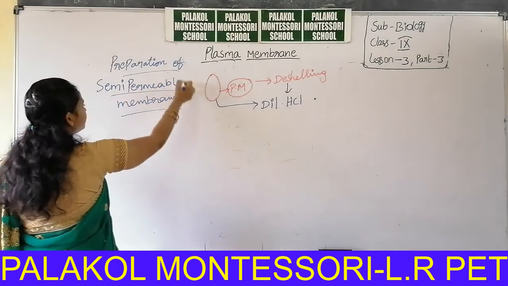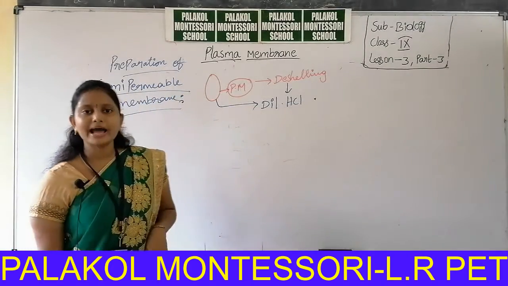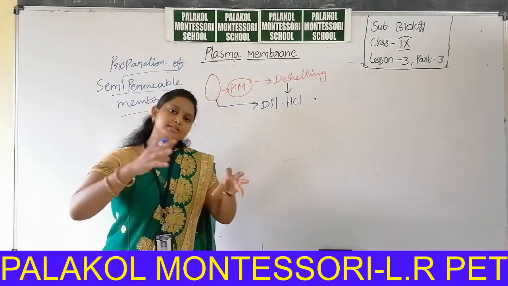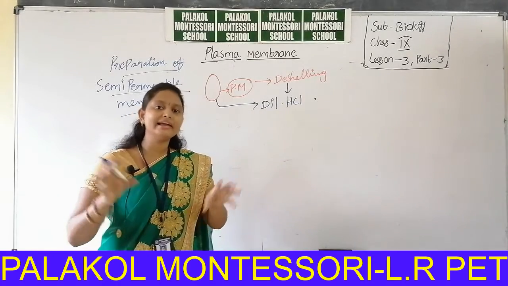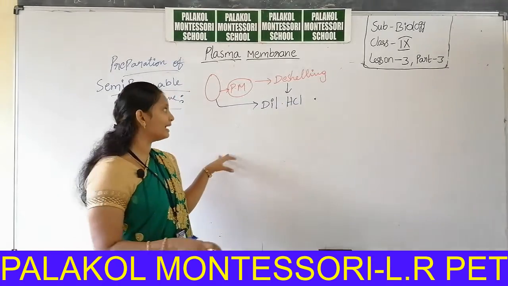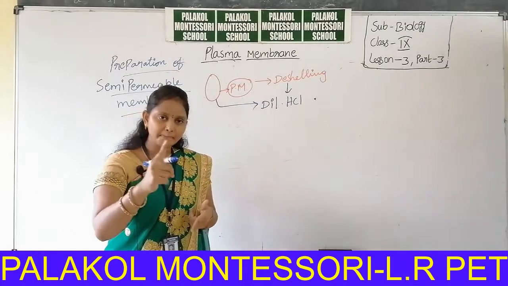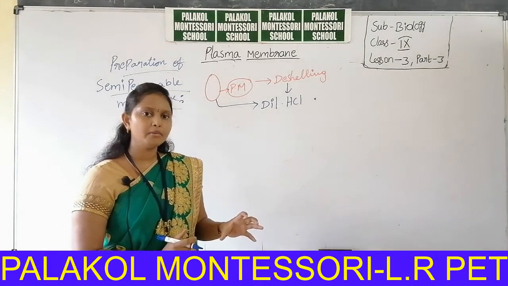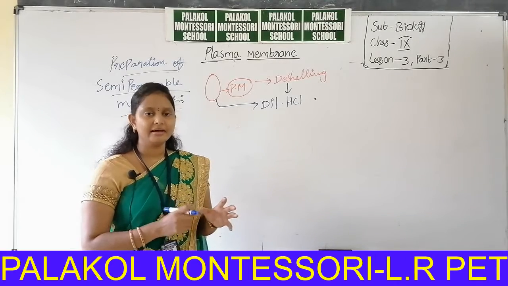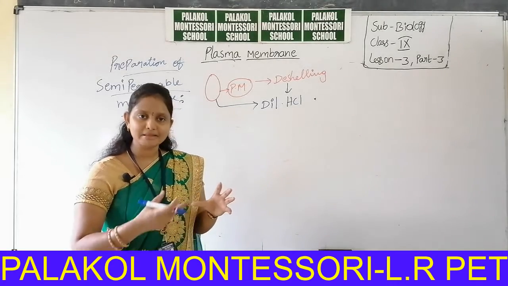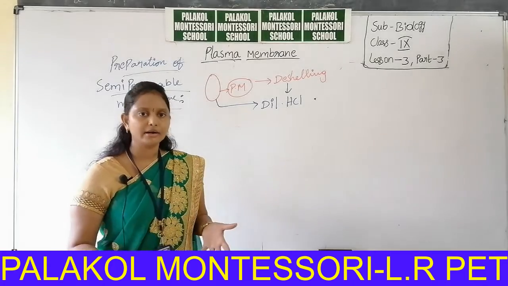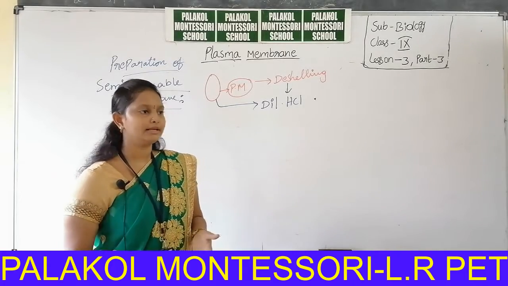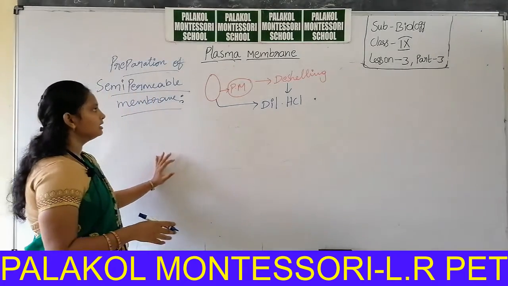In the last experiment, we observed that osmosis takes place in egg cells. But here, in preparing a semi-permeable membrane, we have to observe whether it acts as a semi-permeable membrane or not.